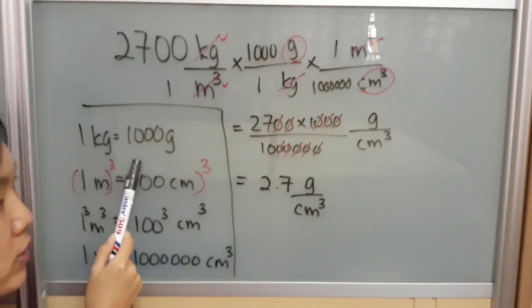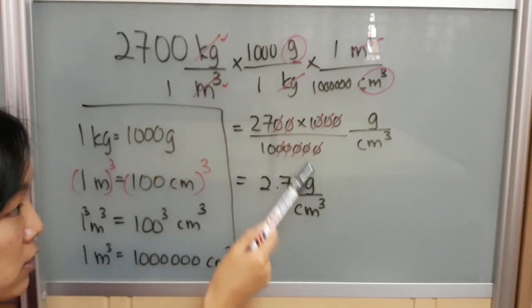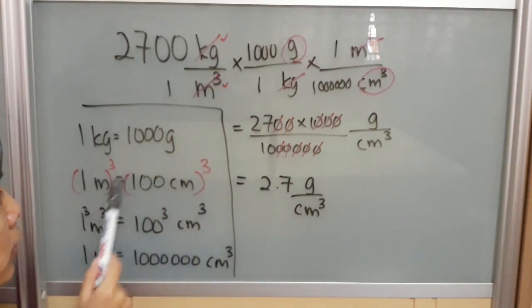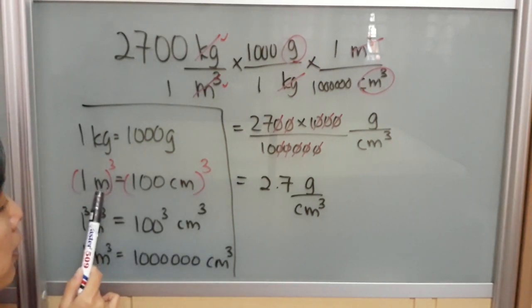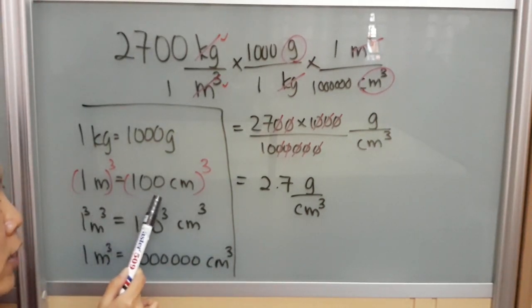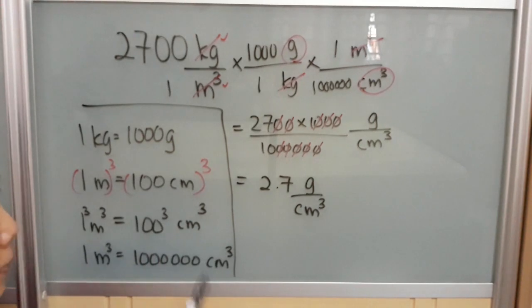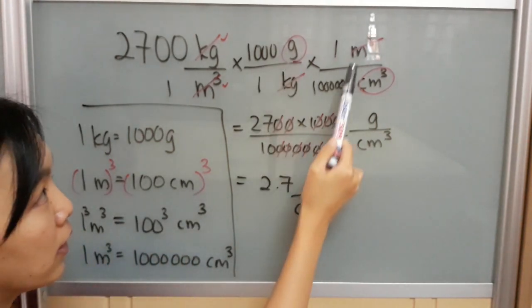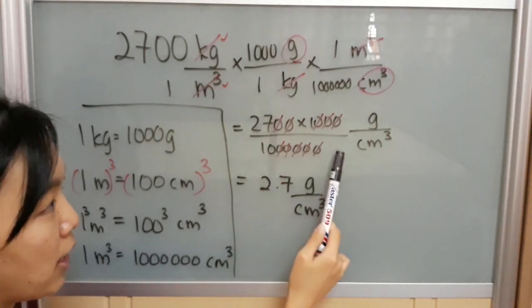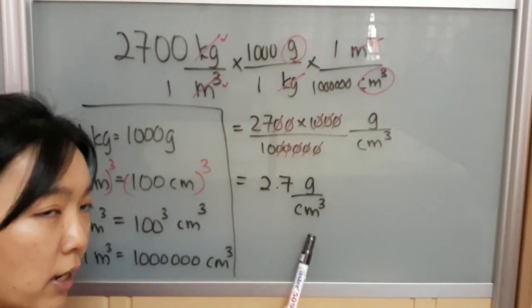Put it down first. Relationship, this and the relationship between meter cube and cm cube, if you don't know, it's fine. Come back to the basic, 1 meter to 100 cm. Then only you cube them, then only you put them in, slash them, number to number, unit to unit, then you'll get the answer.